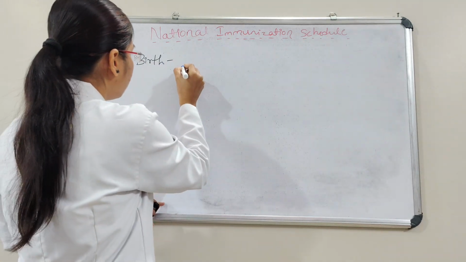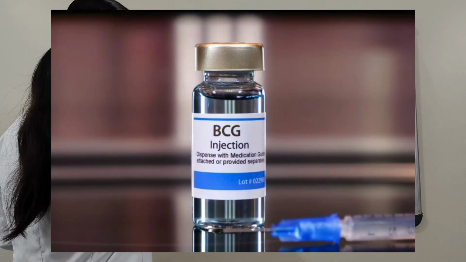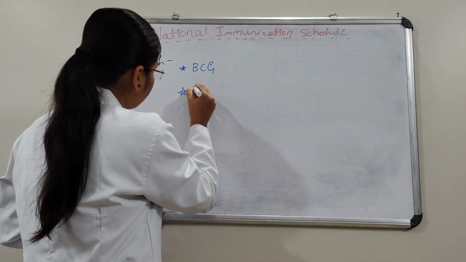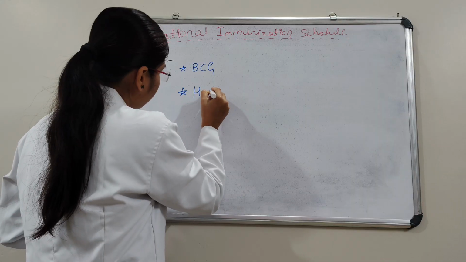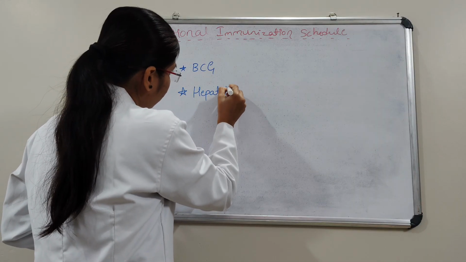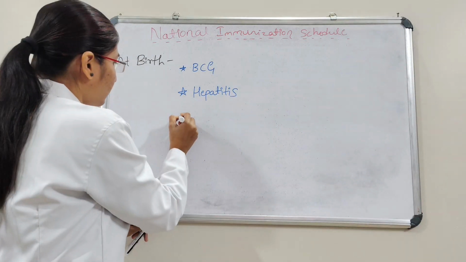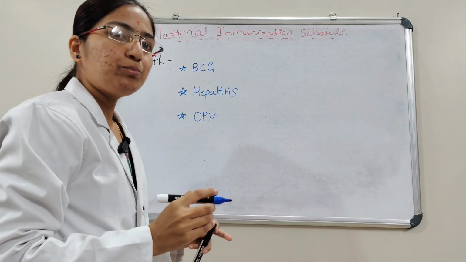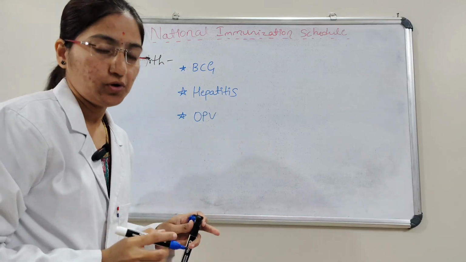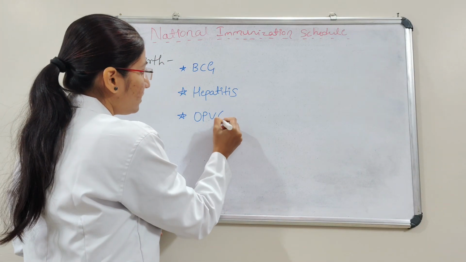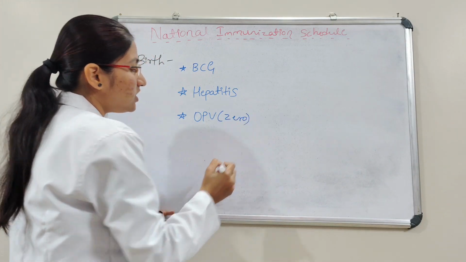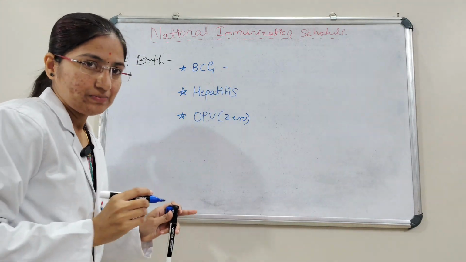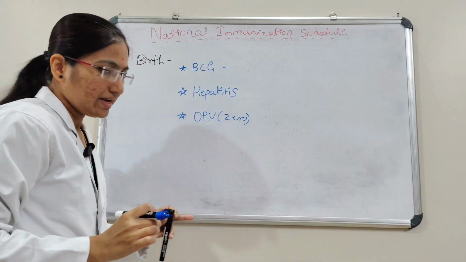At birth, BCG, and then hepatitis B, and then OPV, that is oral polio vaccine. Here it is a 0 dose. We'll see the first one, BCG, Bacillus Calmette-Guerin.